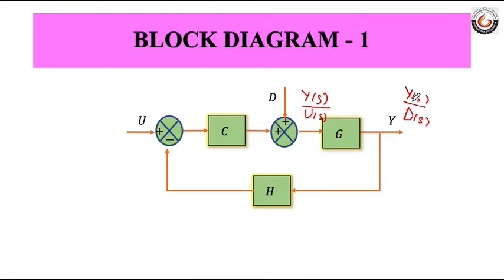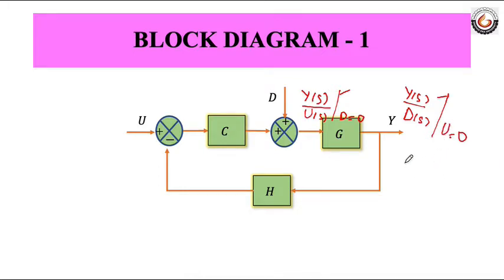Not only finding the transfer functions, we will also show you that Y is a response due to the input and the disturbance acting individually, while the other is completely zero. While finding one transfer function we will make D equal to 0, and while finding the other we will make U equal to 0.